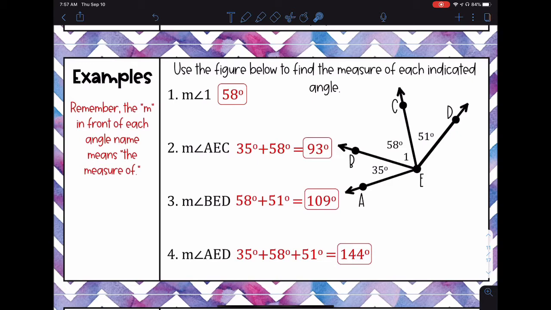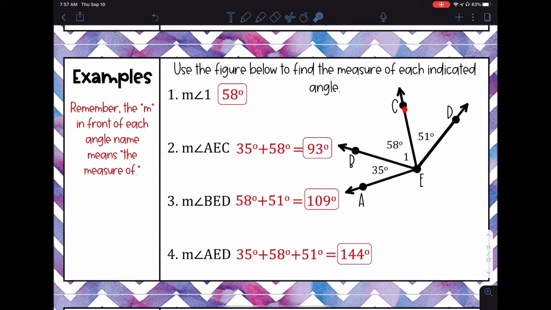So if we look at this one here, we have angle 1 over here is 58 degrees. And then it says, what is the measure of AEC? In order to find that out, the measure of angle AEC, you would say, okay, AEC would be 35 plus 58.